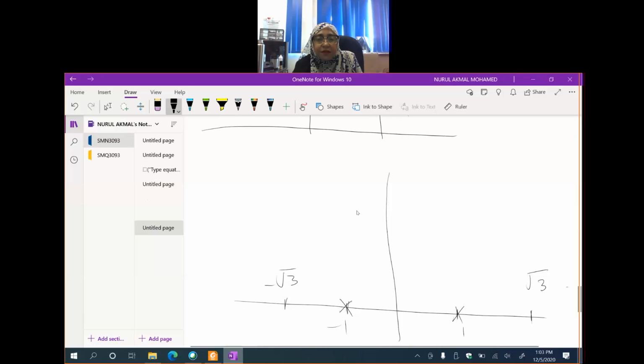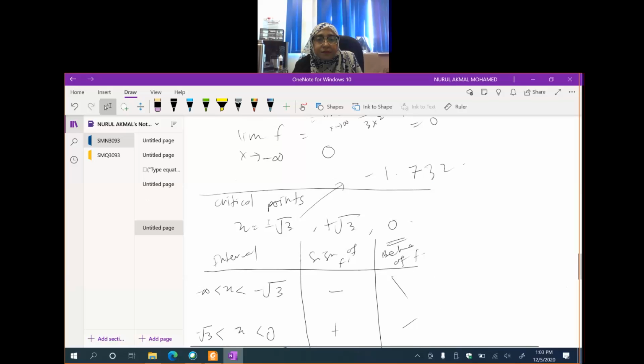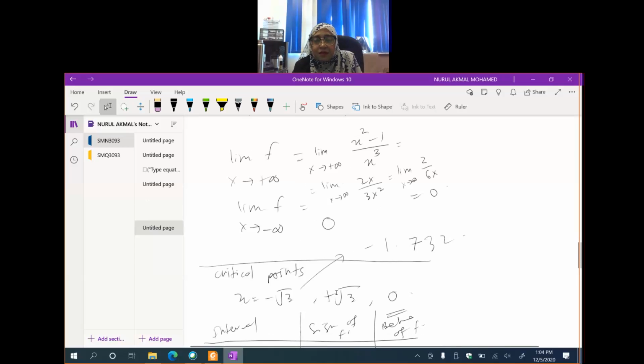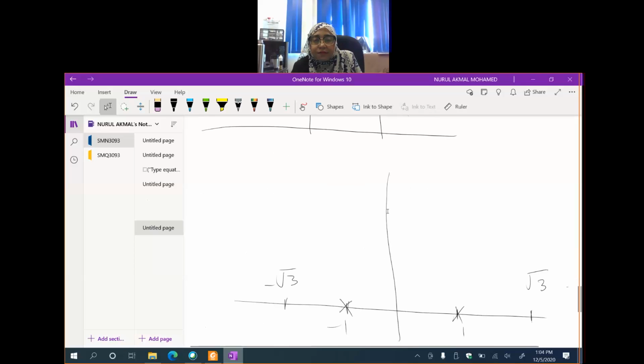So this is the plot. Square root of 3 is the critical point.